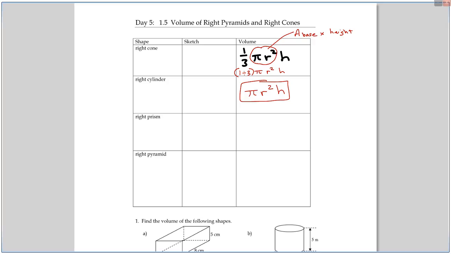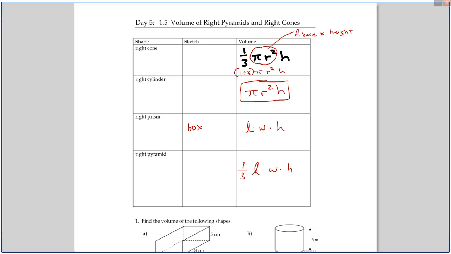The next one is right prism. This is just a box. Okay? It is LWH. Nothing crazy about that. It's at the top of your formula sheet. Okay, and now if you look at the formula for a pyramid, it's 1/3 LWH. And I usually write my L's like this, so you don't get them confused with a 1.